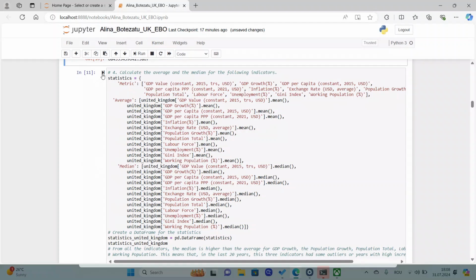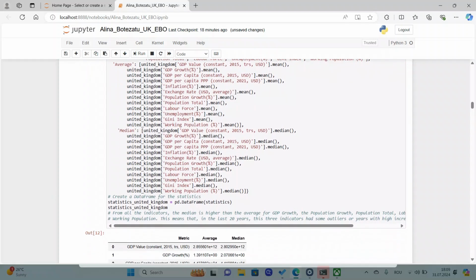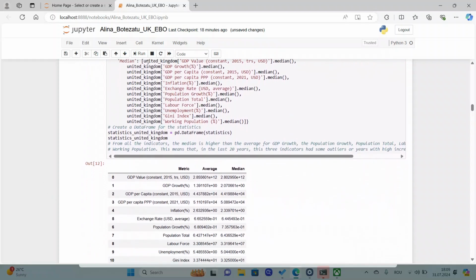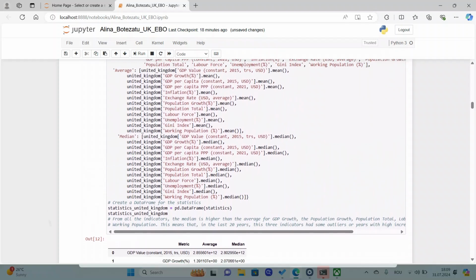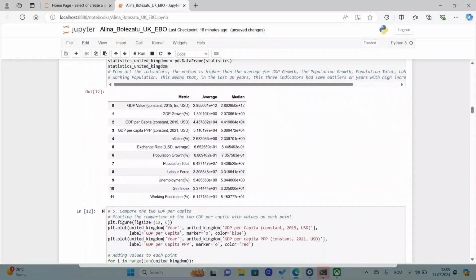Not all of these are relevant because it is a long period. After I calculate each of them, I made a new data frame to show them all together.